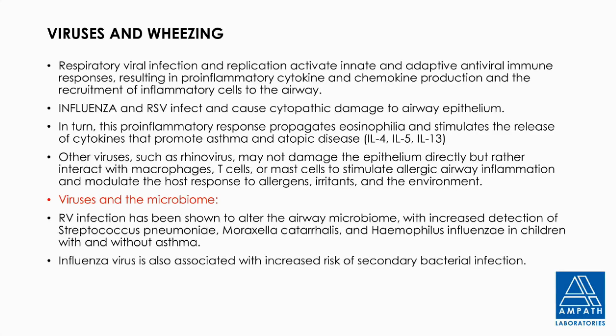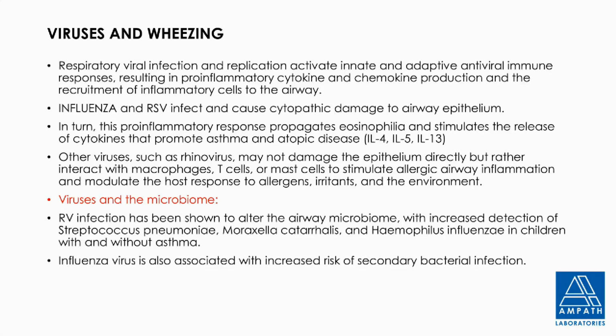With regards to viruses and the microbiome, what's important to note here is that rhinovirus, which is seen commonly throughout the year, has been shown to alter your airway microbiome, with increased detection of Streptococcus pneumoniae, Moraxella catarrhalis, and Haemophilus influenzae in children, both with and without asthma.